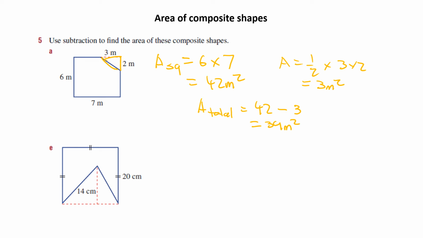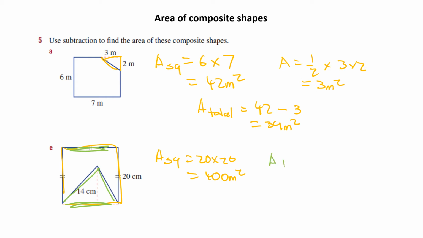If I look at E, it's a square, and I'll show that in a moment. This is the square, and it's 20 by 20, so that's an easy one. 20 by 20 will equal 400 meters squared. And then I've got a triangle inside, and that's got a height of 14 and a base of 20, because remember that is the same as that.